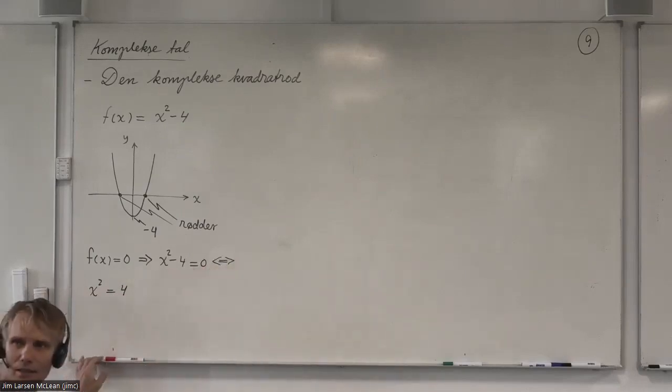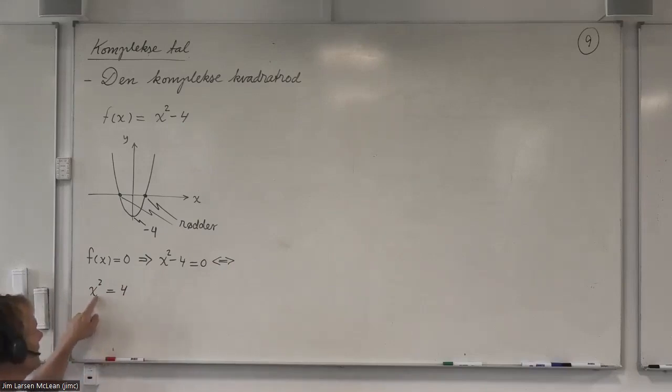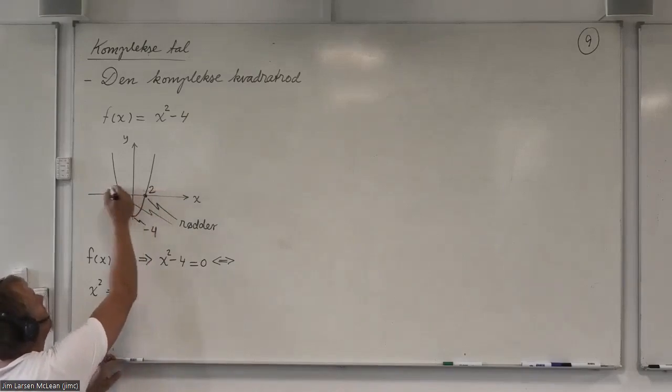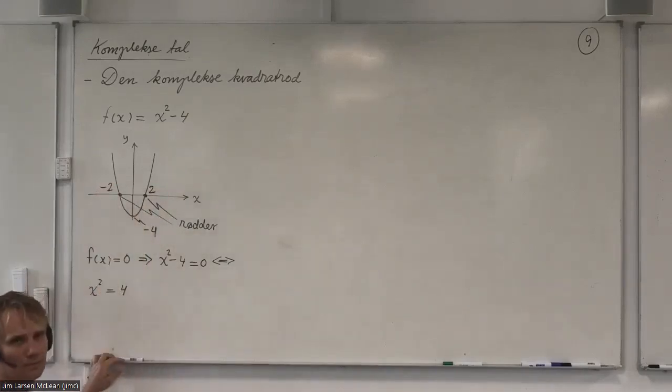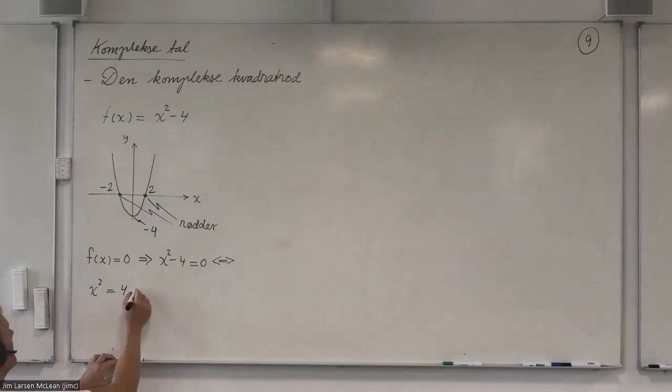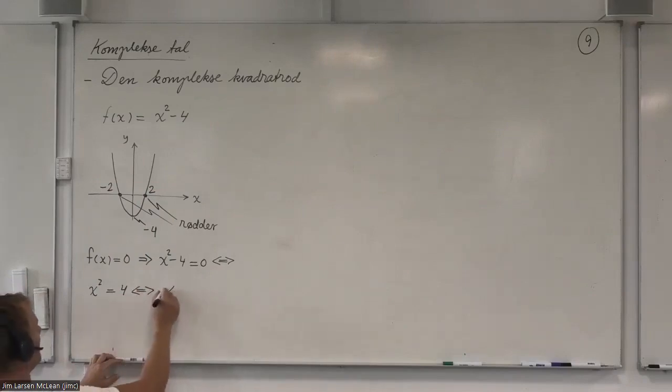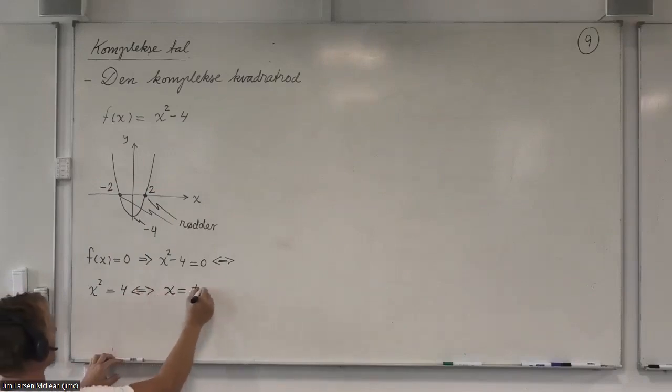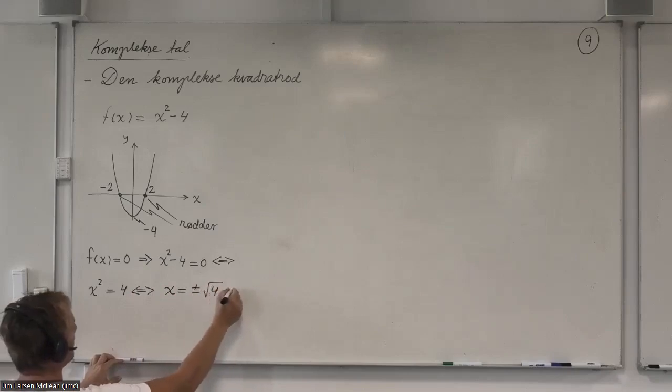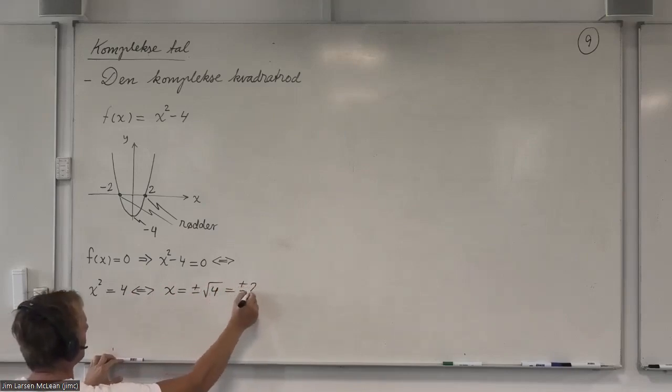So we're looking for all the x's that, when squared, give 4. And those are the numbers 2 and -2. So x equals plus or minus the square root of 4, which is plus or minus 2.